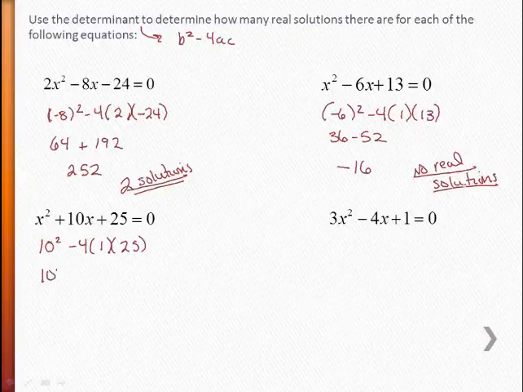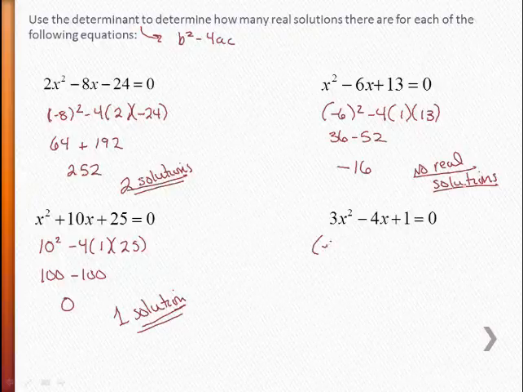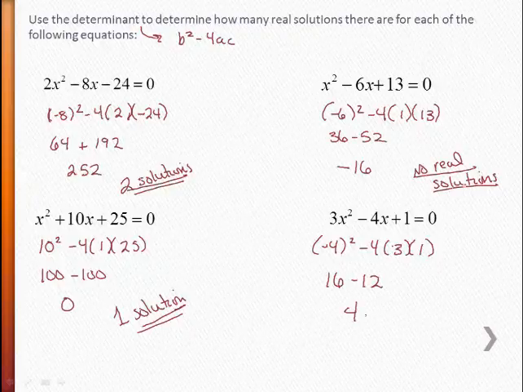That will give me 100 minus 100, resulting in a 0. So there will be one solution to this equation. And finally, b squared minus 4 times a times c gives me 16 minus 12, which gives me 4, which is positive. So this equation would have two solutions.